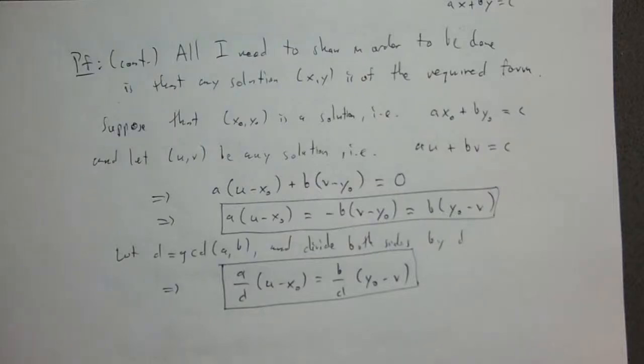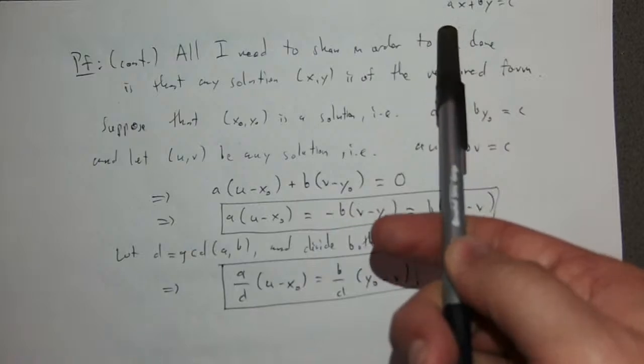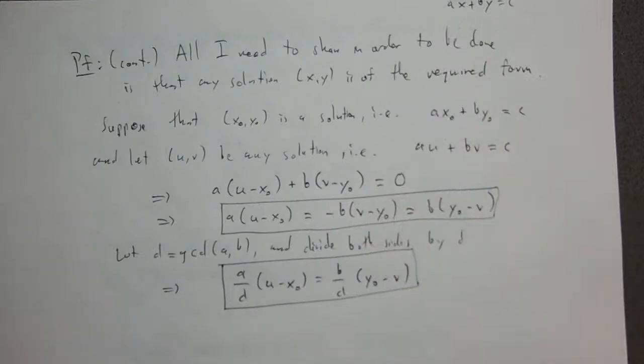And similar reasoning if we were going the other direction, saying that b over d divides the left-hand side, then if b were the 0 one, we could likewise say exactly the same thing. Going back to the original equation, we would have a x equals c, and so there'd be no restriction on y, and we'd be fine. So as long as one of these is non-zero, we're fine, and I don't have to say anything more about this.